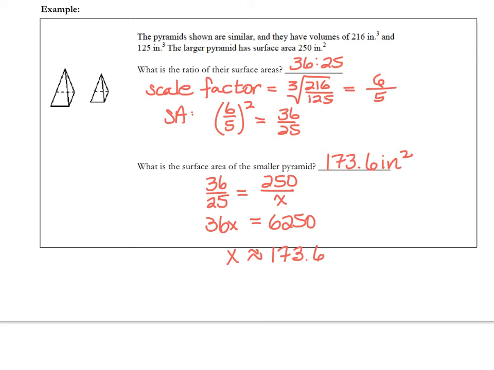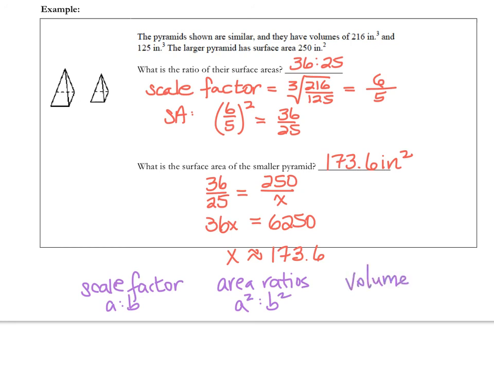Again, to recap, if the scale factor is A to B, then the area ratios will be A squared to B squared, and the volume ratios will be A cubed to B cubed.